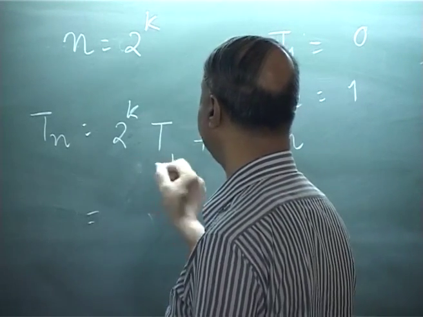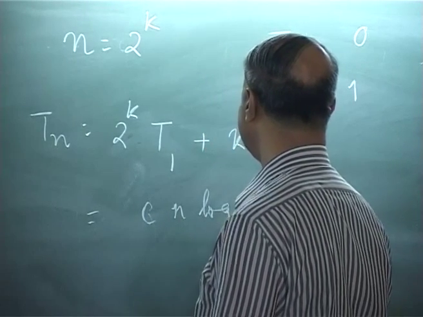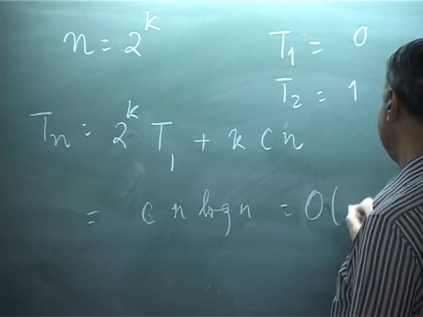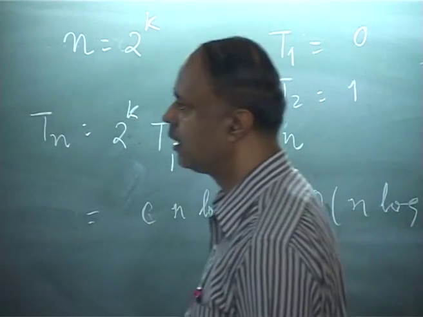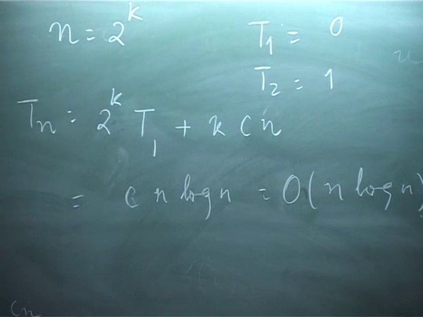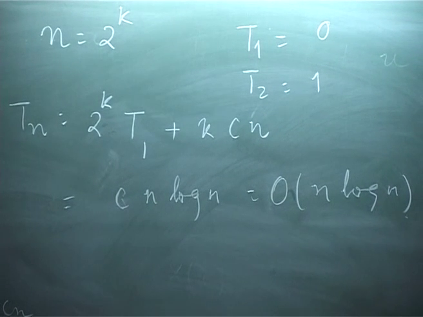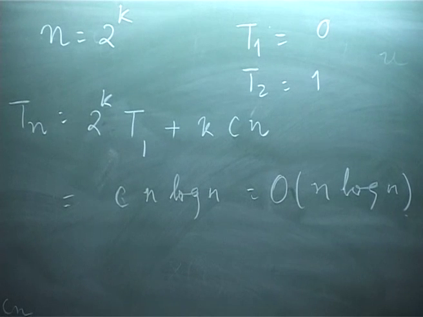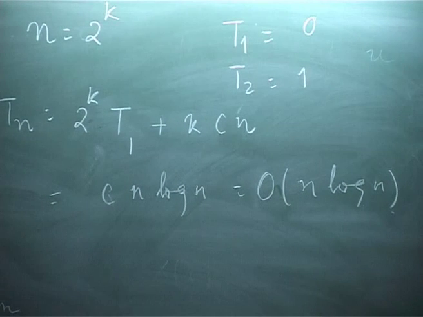This is 0. So you get Cn log n time, which is order n log n. This matches the lower bound of sorting algorithms. This takes order n log n time complexity to sort n elements using the merge sort technique.